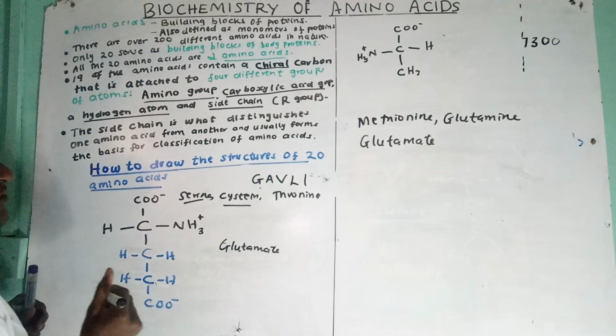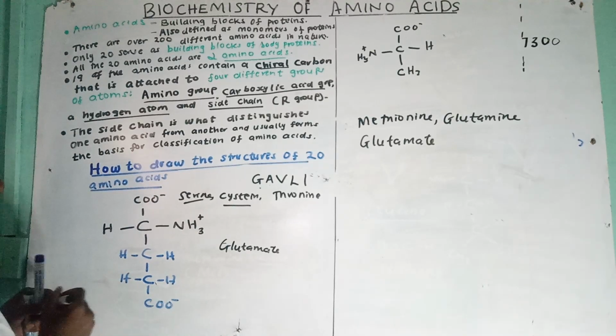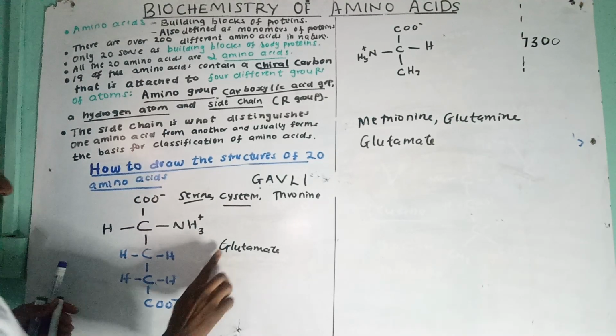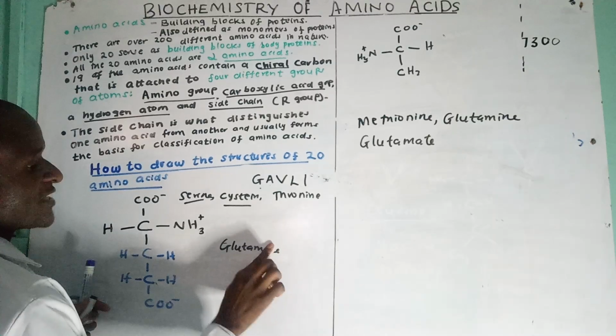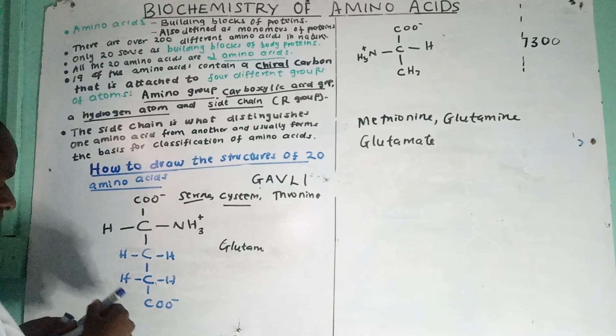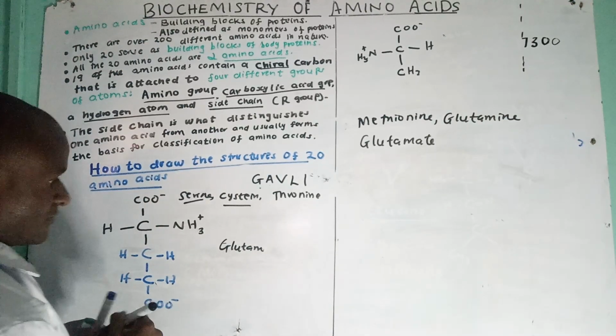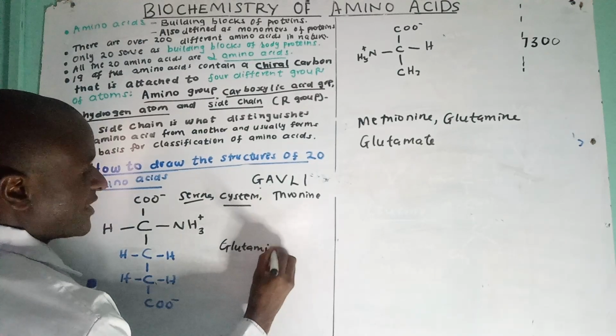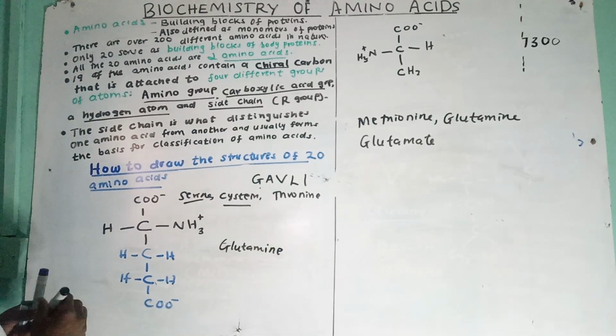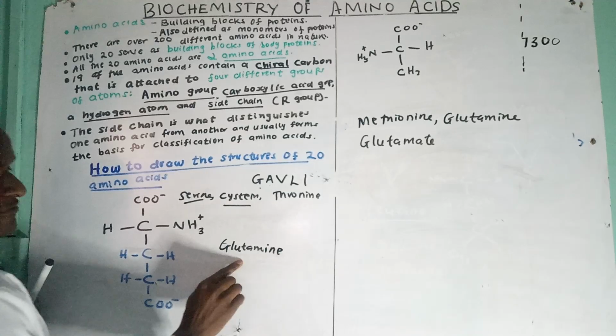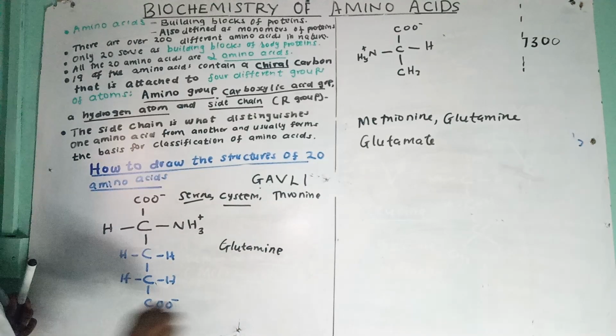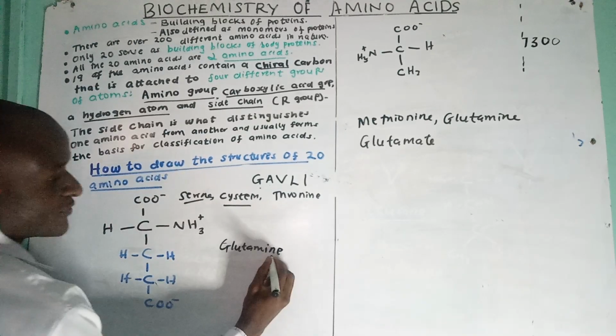Then another one is glutamine. So glutamine, from the word glutamine, it has got an amino group.